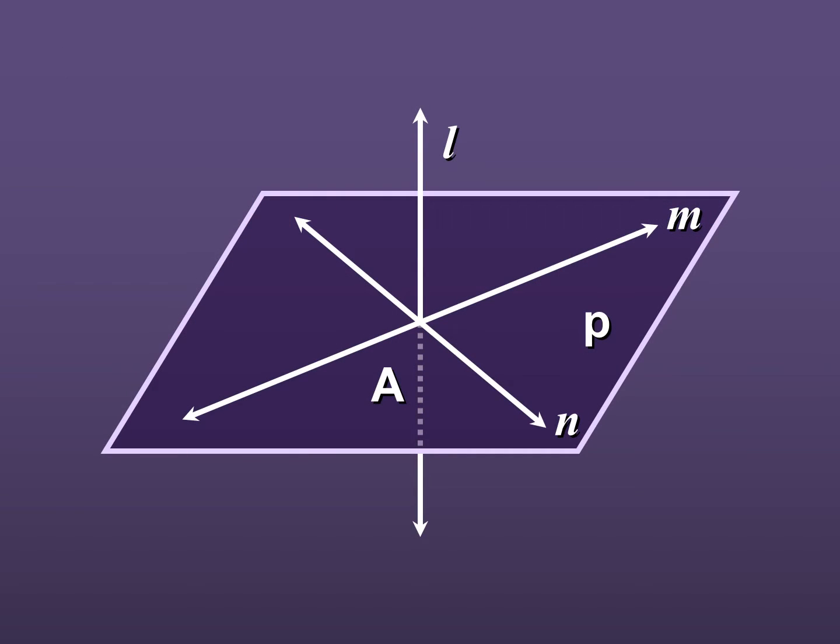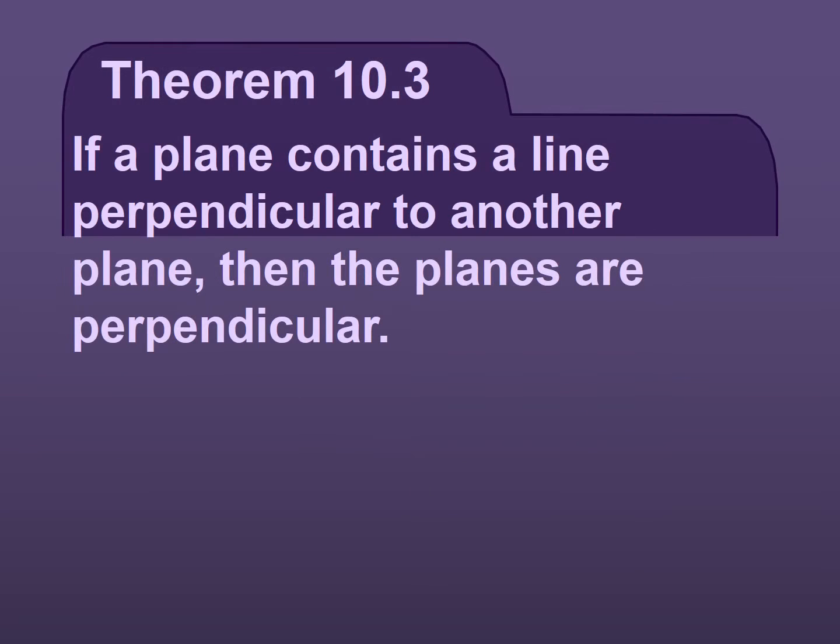So line L, and we're going to say if line L is perpendicular to line M and line N, therefore we can say that line L is perpendicular to plane P at point A. Alright, next theorem says that if a plane contains a line perpendicular to another plane, then the planes are perpendicular.